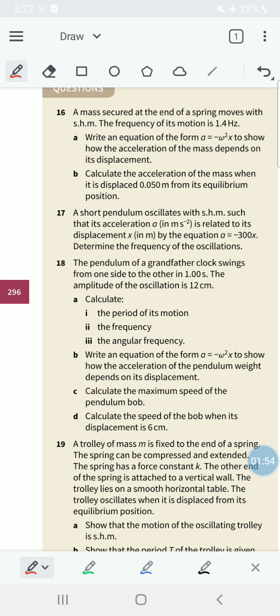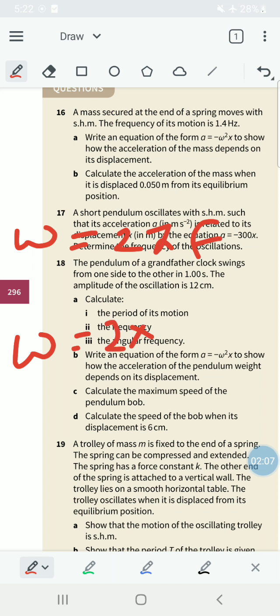So we use that equation to find omega equals 2 pi f. Right, so you substitute the values. You don't know omega, you know pi, and f is given as 1.4.